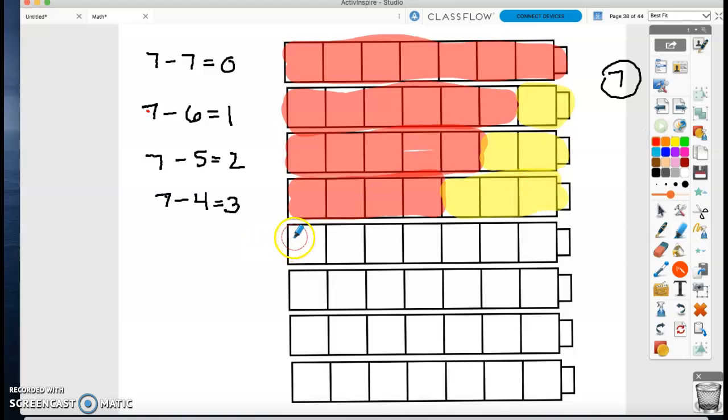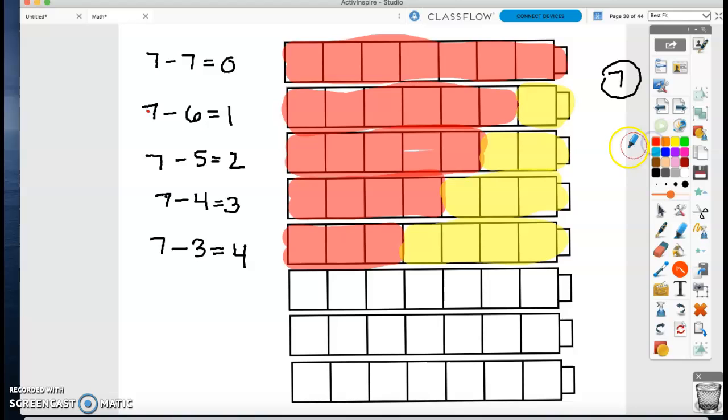The next one, instead of 4 red, we will color 3 red, and the rest will be yellow. That number sentence will be, there are 7 altogether minus 3 red equals 4 yellow.